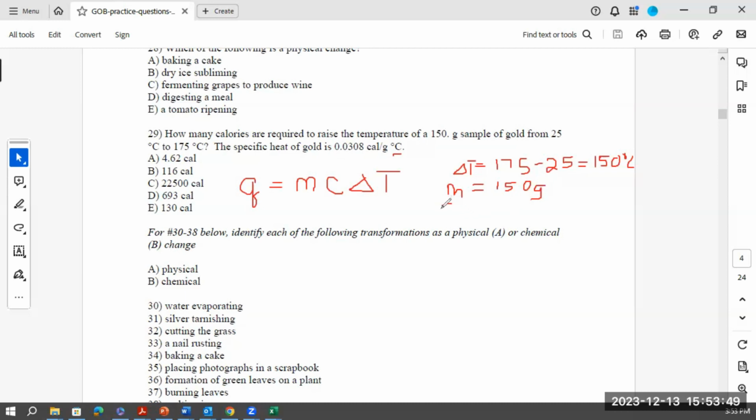And then our C is our specific heat. And so we know that is going to be 0.0308 calories per gram degree Celsius. And then we just plug that into our equation.